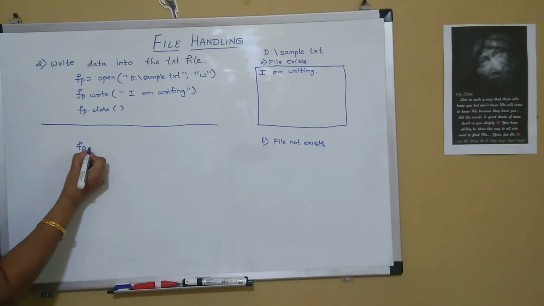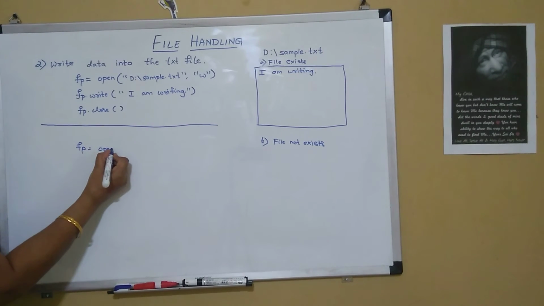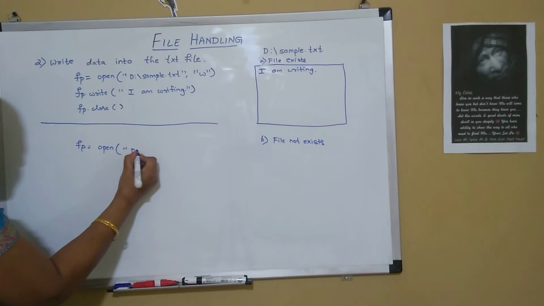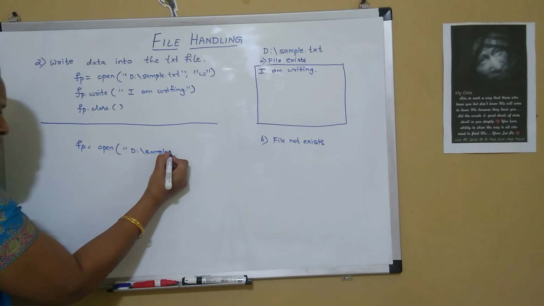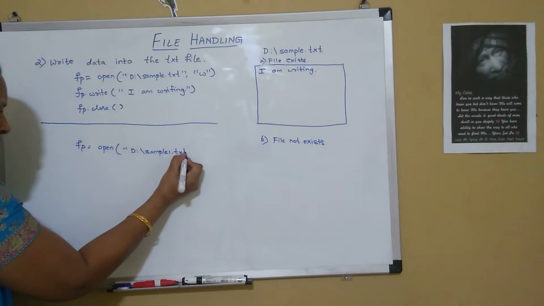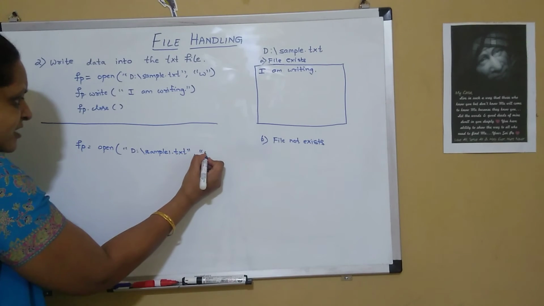So let me say fp equal to open, and let me take sample1.txt, and let me open it in the write mode.